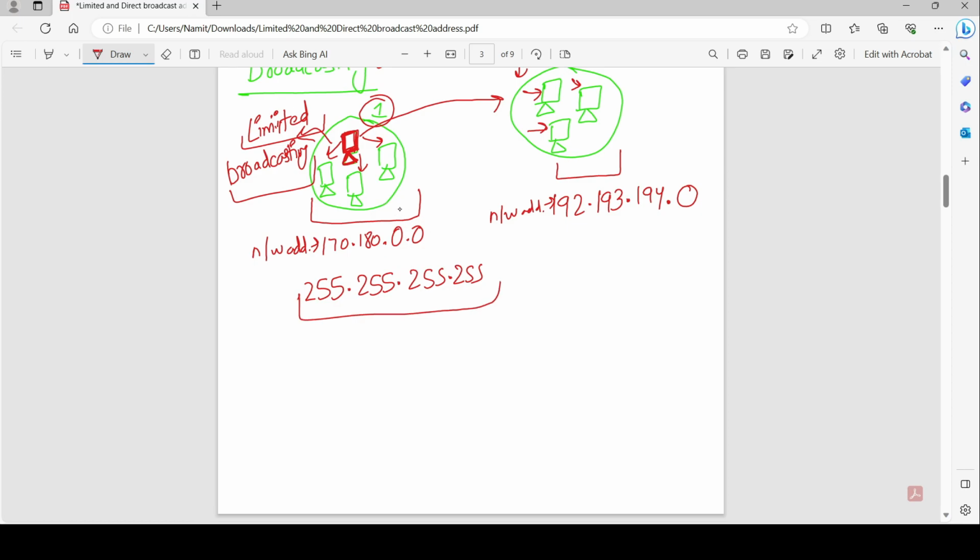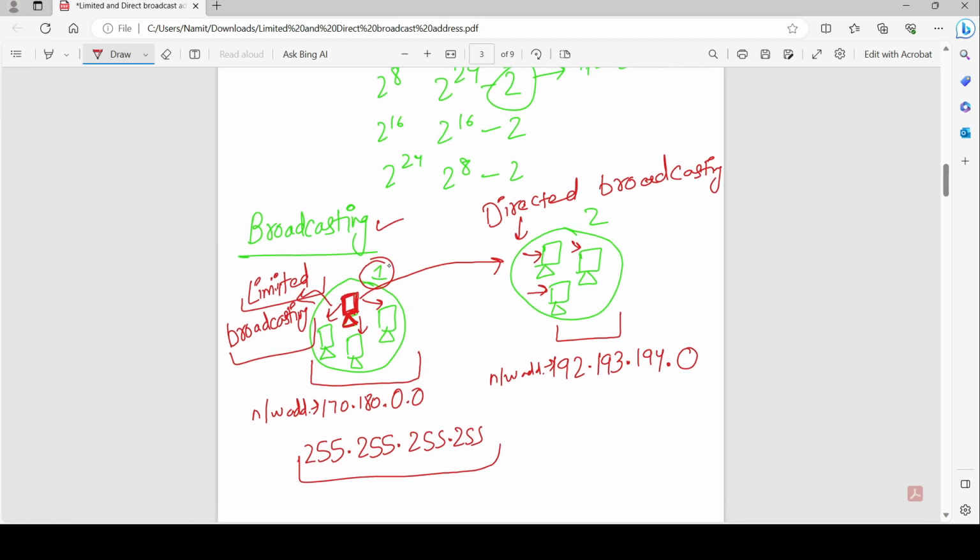But if any device of network 1 wishes to communicate with all the other devices of network 2, it would be achieved with the help of direct broadcasting. And what is the address for that? Copy the network bits as they are, and for the host bits turn all the bits to ones. Since the host part is 0, turning all the bits to ones gives 255.